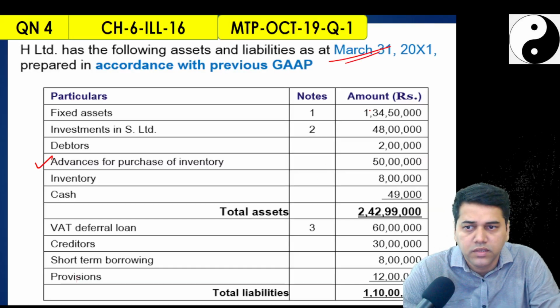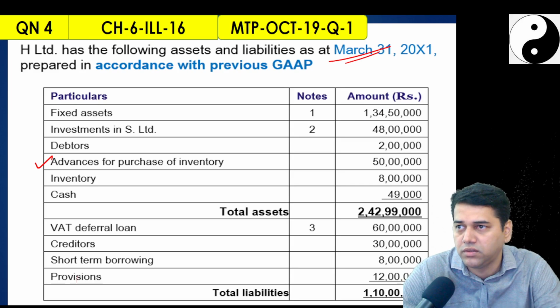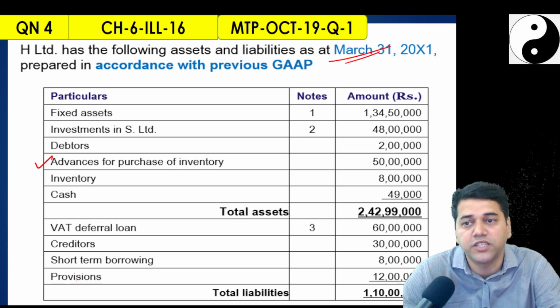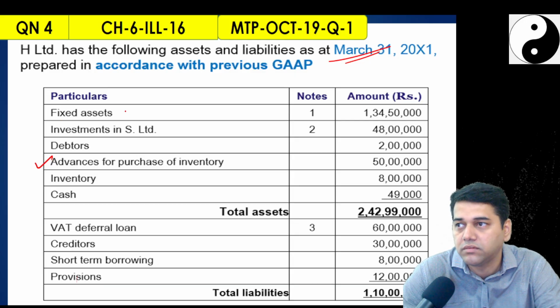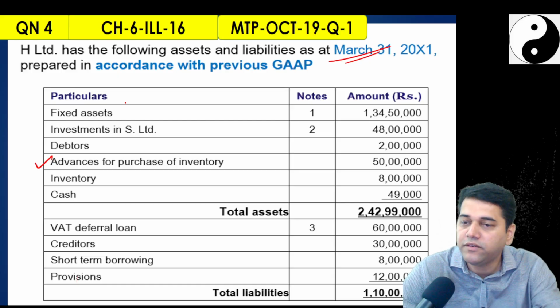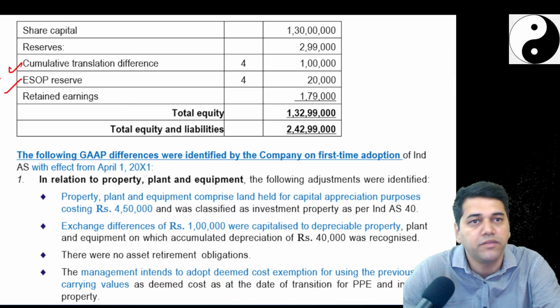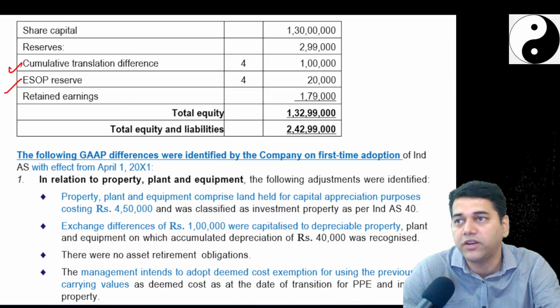So now what happened? They have given you one. See, first of all, this particular presentation is not applicable to us now. This is the accounting standard presentation where they start with the fixed assets. We call it PPE. It starts with the liability, and when it comes to liability, they start with the reserves and surplus, share capital. We don't call it reserves and surplus, we call it other equity.